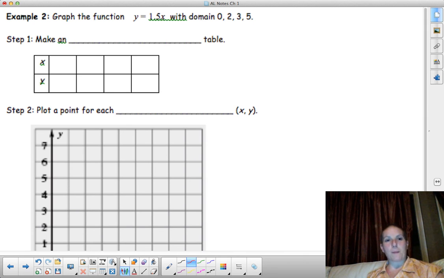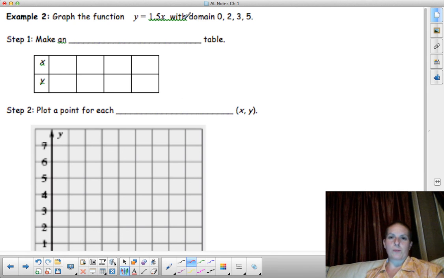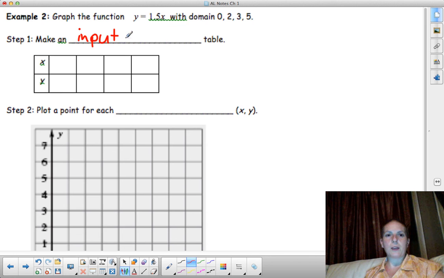Alright, here is example 2. Graph the function y equals 1.5x with domain 0, 2, 3, and 5. Remember, you're going to make an input-output table. Then we're going to plot a point for each ordered pair.